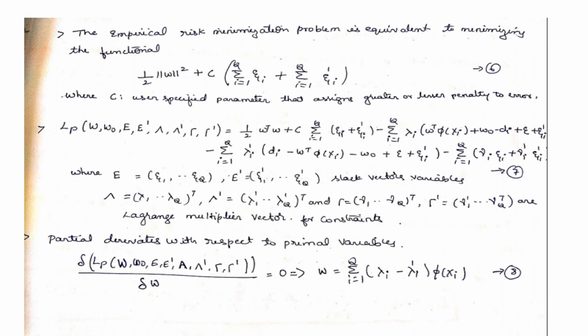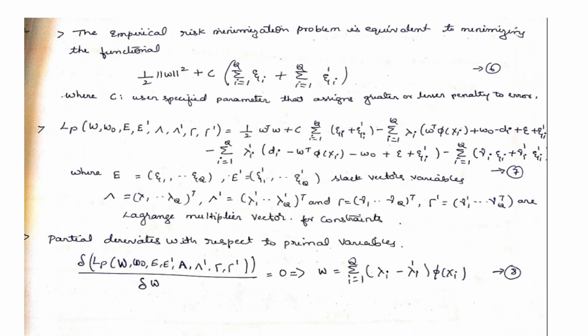So now we know that the risk minimization problem is converted into a dual optimization. Using the Lagrangian multipliers, we can optimize the function. For that we have to find the saddle point where the partial derivatives with respect to the primal variables are 0.